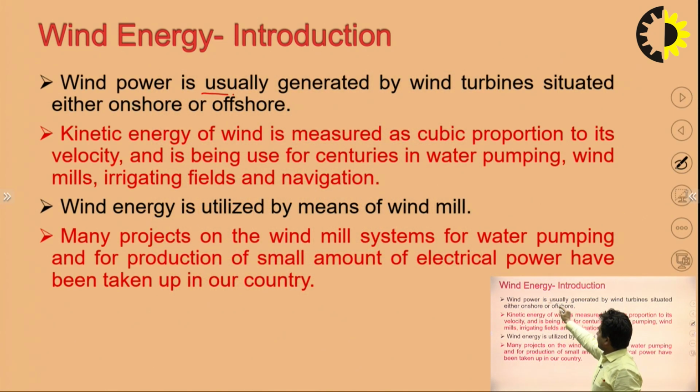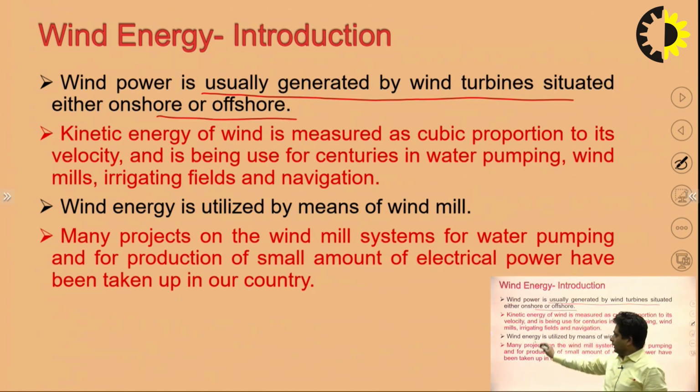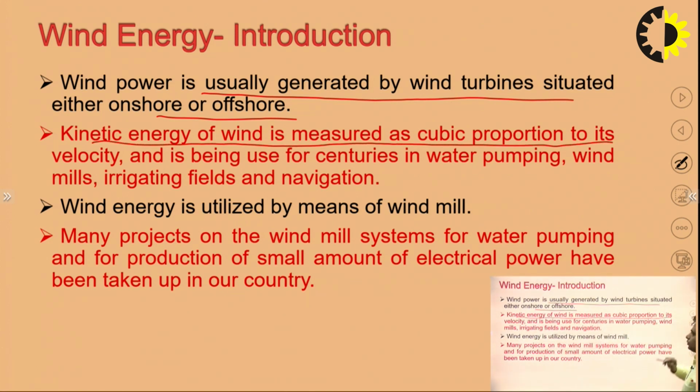So wind power is usually generated by wind turbines situated either onshore or offshore, in which the kinetic energy of the wind is proportional to the cube of its velocity.